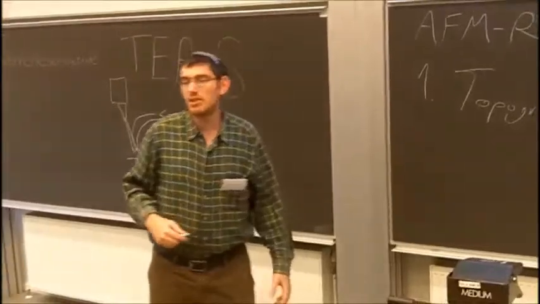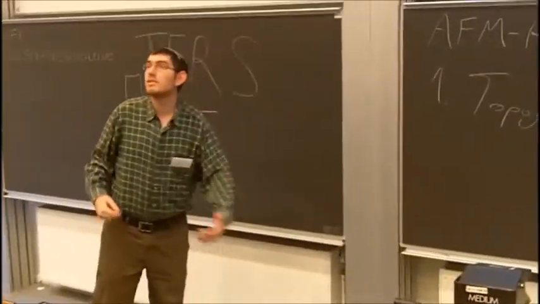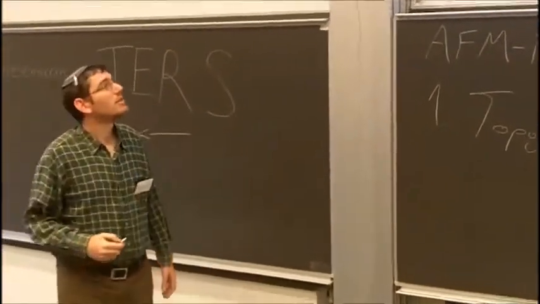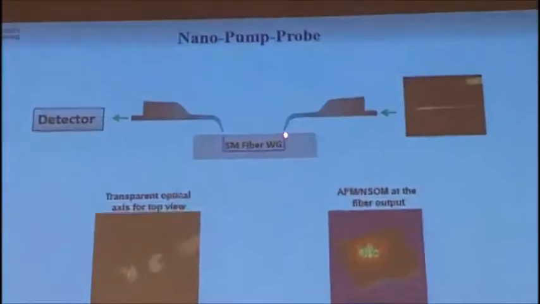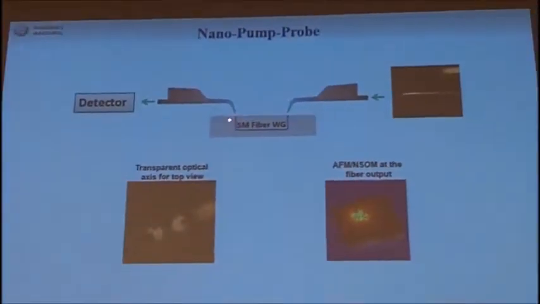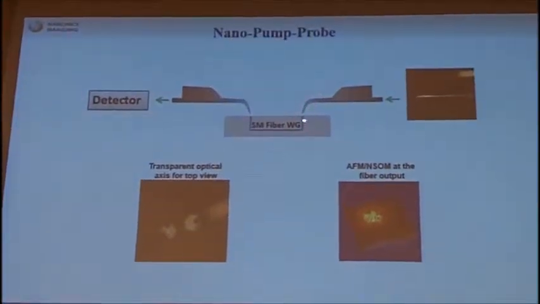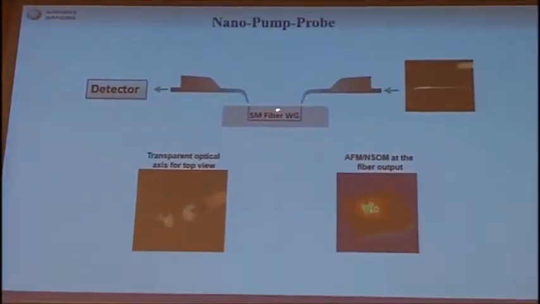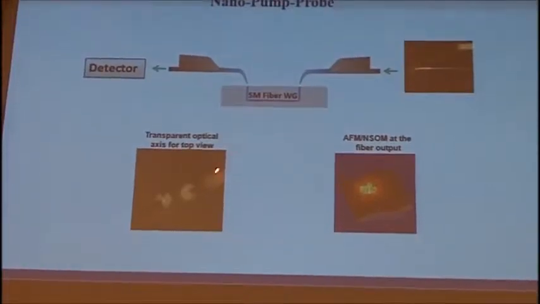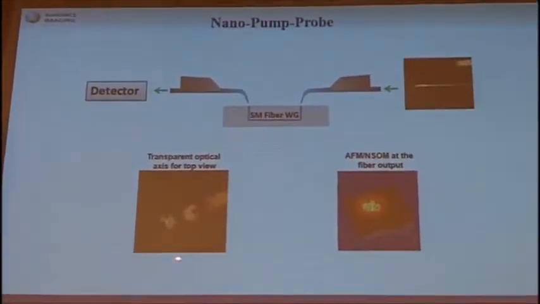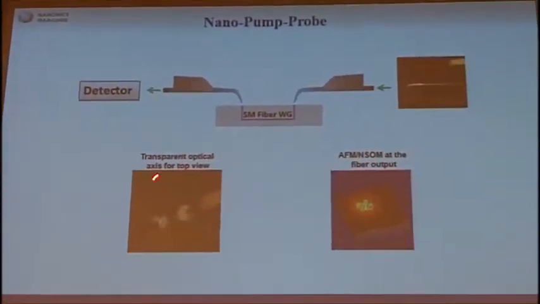So this is also another example why we want to use 2 probes. One probe to illuminate and one probe to collect. These are 2 NSOM probes. Here we have the laser going through onto a single mode fiber waveguide. Here we see this is a camera image, optical image looking above.